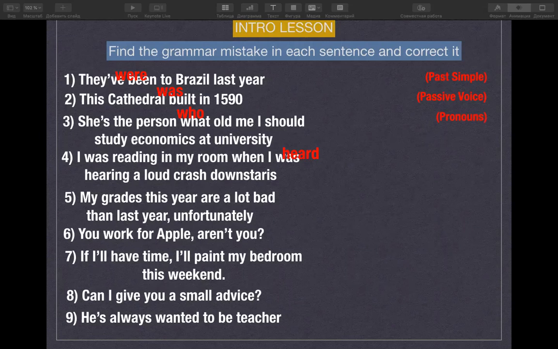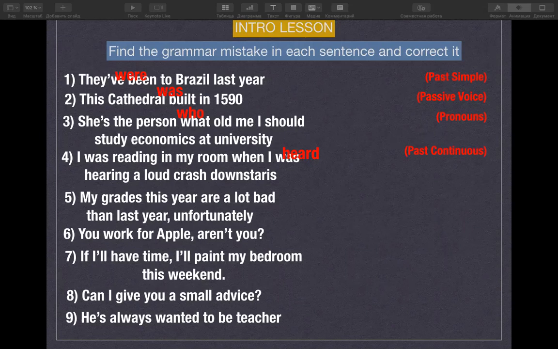Здесь, конечно, не слышал. Я резко услышал, поэтому мы не имеем права употреблять was hearing, я слышал долго. I heard, я просто услышал. Здесь можно повторить разницу между past simple и past continuous. I was reading in my room when I heard a loud crash downstairs.